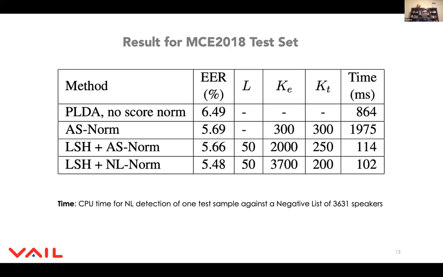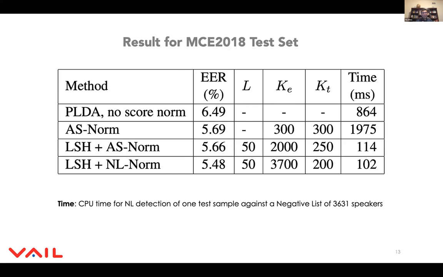By applying LSH first to find a subset of the vectors in both the negative list and the normalization cohort, and then computing the PLDA similarity scores only on those subsets, followed by AS norm, this is the third row. We see that the EER is 5.66%.